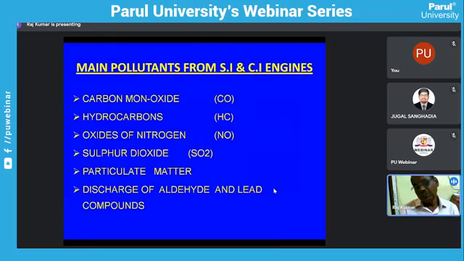The main pollutants emitted by automobiles are carbon monoxide, hydrocarbons, nitrogen oxides, sulfur dioxide, and particulate matter, which is fine particles of carbon, aldehydes, or some lead compounds. These are harmful chemical compounds which adversely affect our health, and they are emitted by our engine.